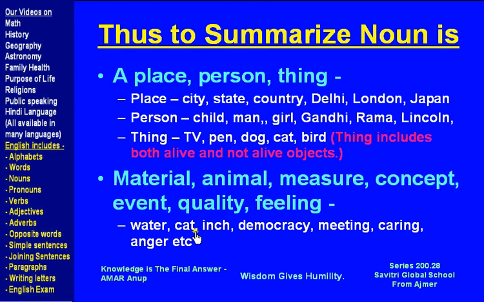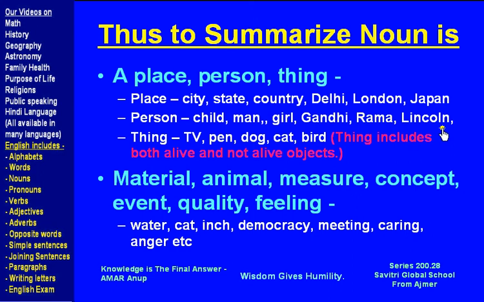So again, to summarize, a noun identifies a place, person or thing. Examples of place as nouns are city, state, country, Delhi, London, Japan. Nouns identifying a person are child, man, girl, Gandhi, Rama and Lincoln.